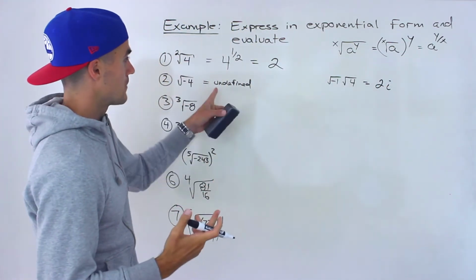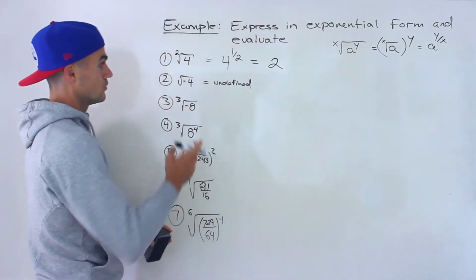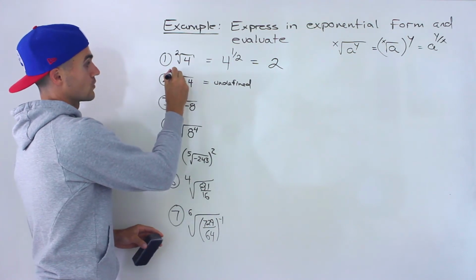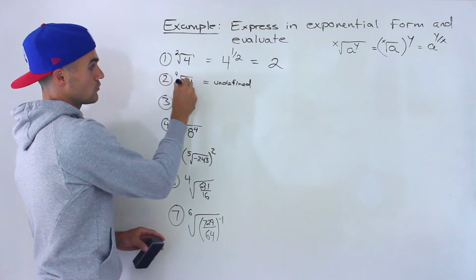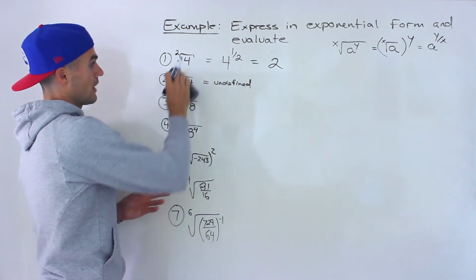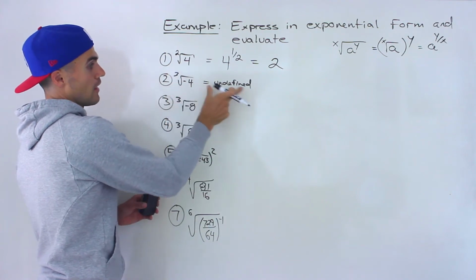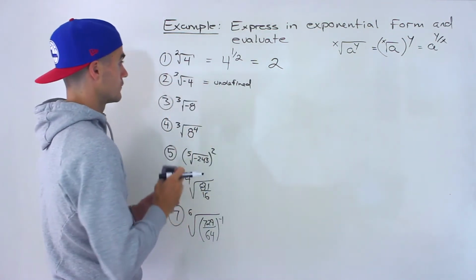But if you're not dealing with imaginary numbers, then this is undefined. Even if this was 4 or 6 or 8, 10, any even root of a negative number is undefined. However, if this was an odd number, like 3, then there would be a value here. You can take an odd root of a negative number.